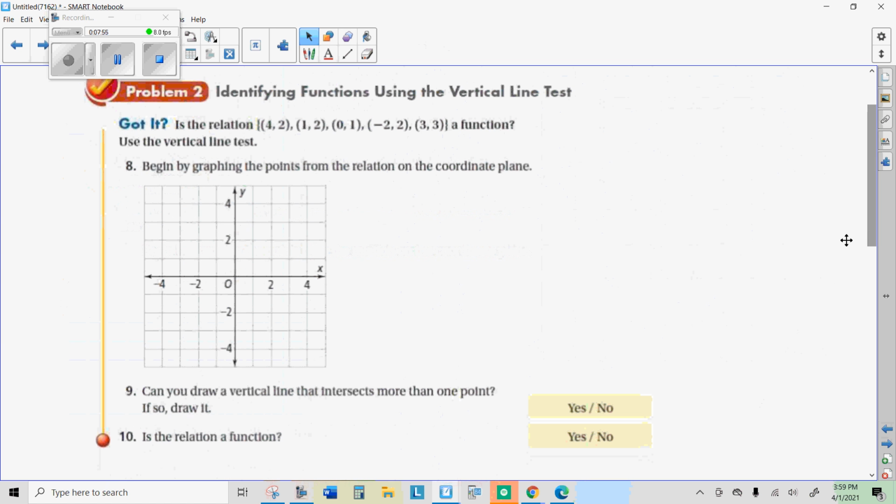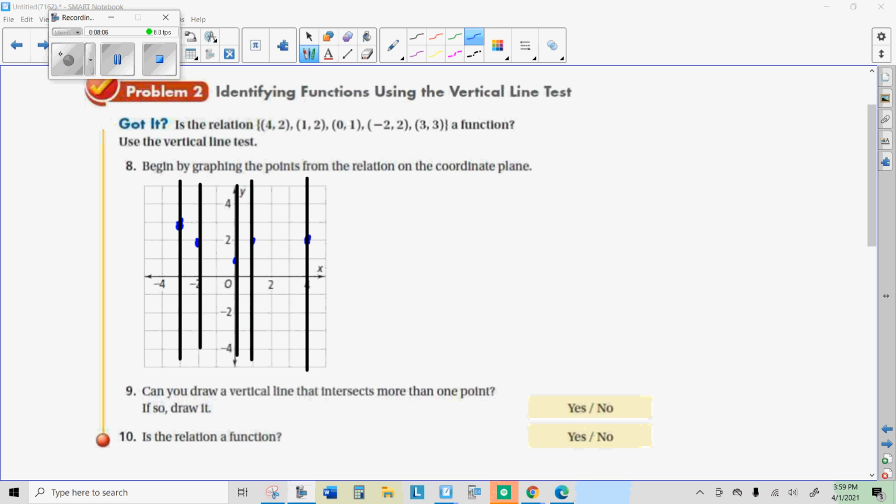All right, I'll let you try one. Go ahead and graph these, and then think about a vertical line, and if a vertical line hits more than one point at one time, then it's not a function. Okay, so can you draw a vertical line that intersects more than one point? The answer to that is no. I drew all the vertical lines where those inputs are.